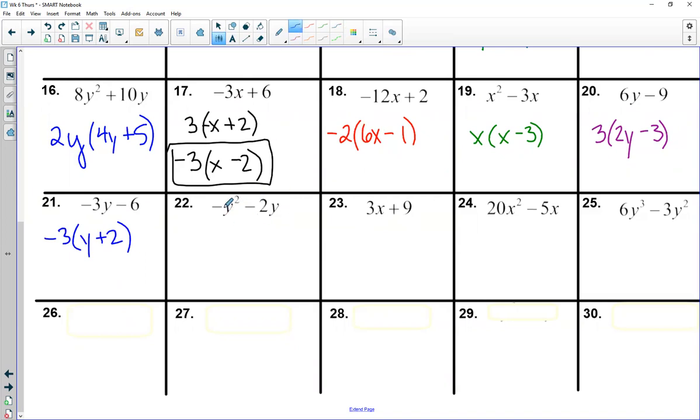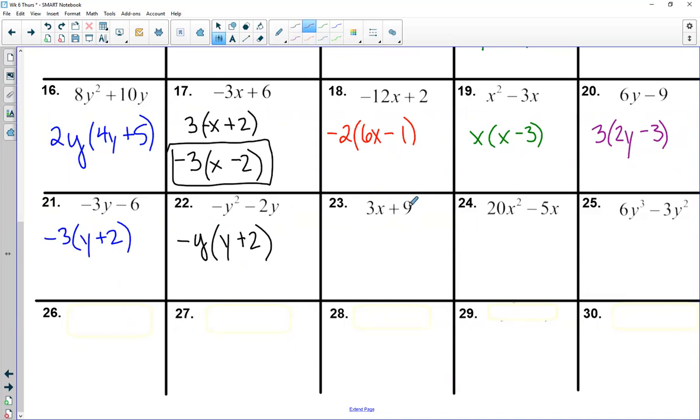Looking over here, negative y squared and negative 2y. They both are negative, so we can definitely pull out a negative, and they both share at least one y. So now using the distributive property, negative y times y will give us negative y squared. Negative y times positive 2 is going to give me negative 2y.